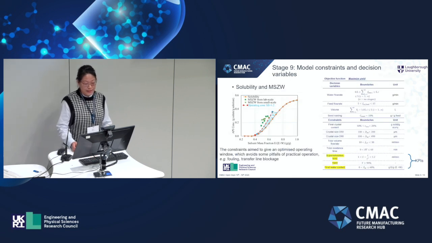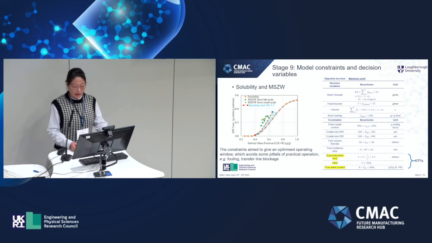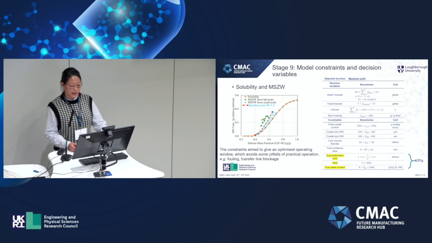The solubility and metastable zone were plotted, and this allowed us to calculate the yield and the supersaturation-related operating zone. To proceed with the workflow, design space exploration is conducted within the model constraints and decision variables.